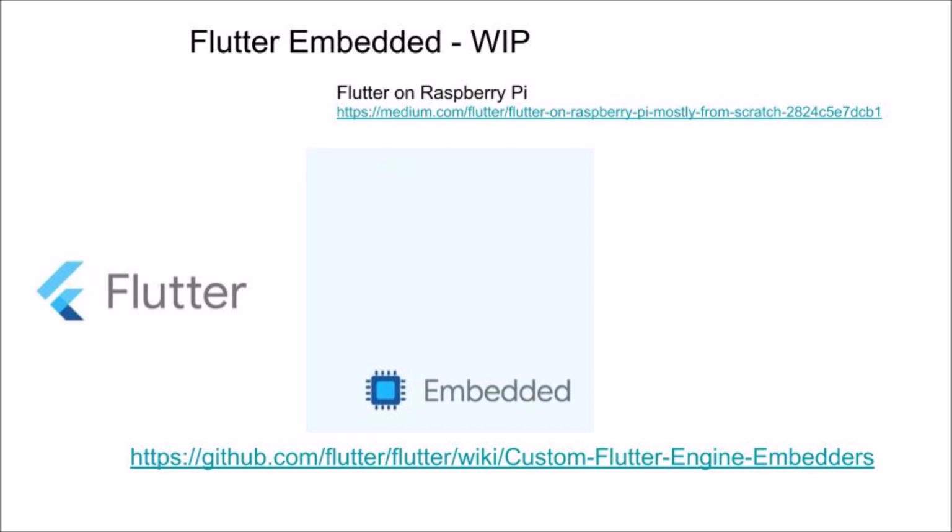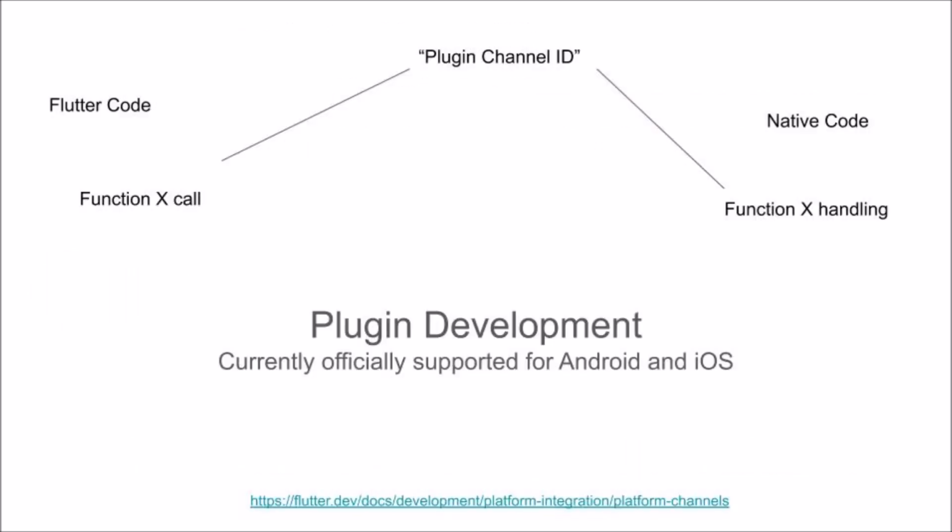If you need some native functionality, you could write yourself a plugin. It is currently officially supported for Android and iOS, and it is a straightforward process. You register a plugin with a channel ID string that will be something like a socket or remote procedure call.